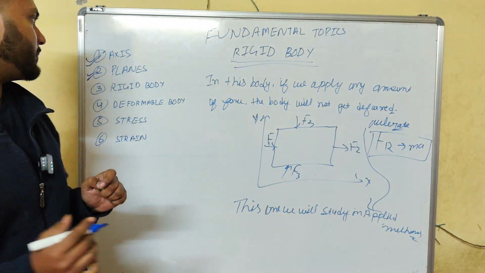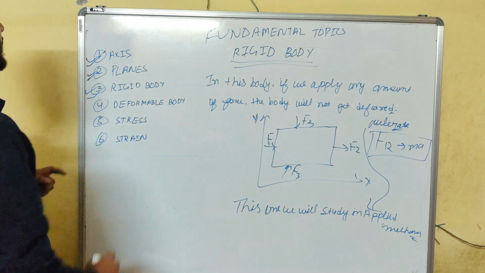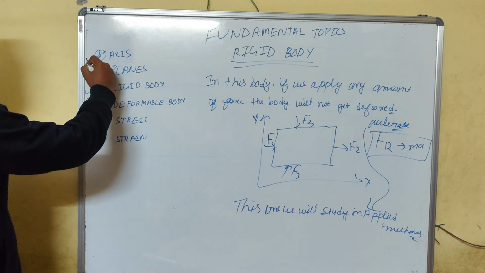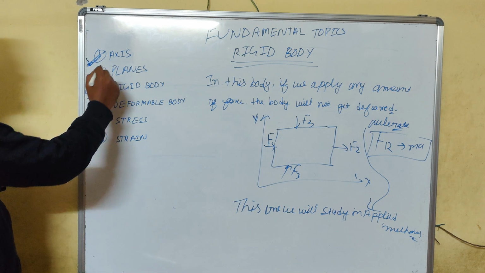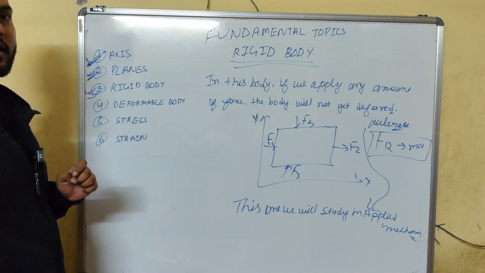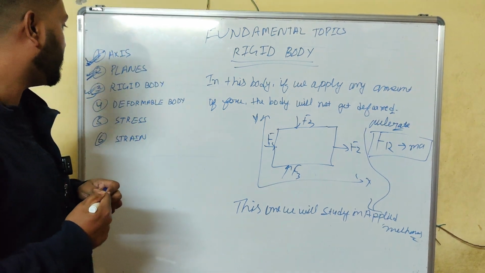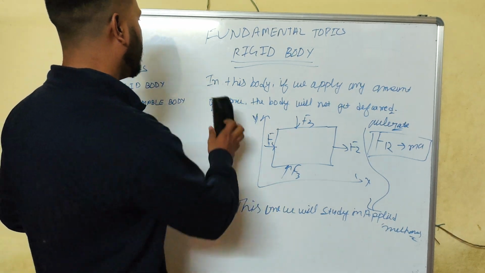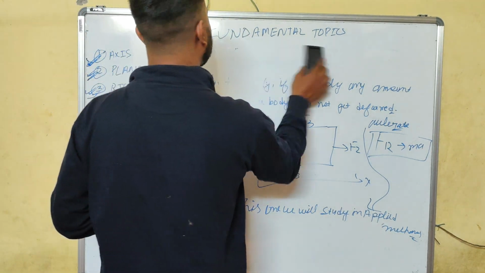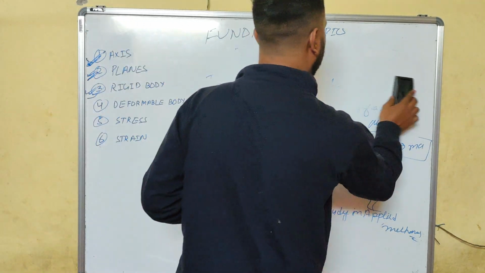That I will talk about later. So I think everyone is clear with the rigid body. First we studied axis, then plane, and third the rigid body. So I think everyone is clear with these three topics. Now coming to another fundamental topic, that is deformable body.